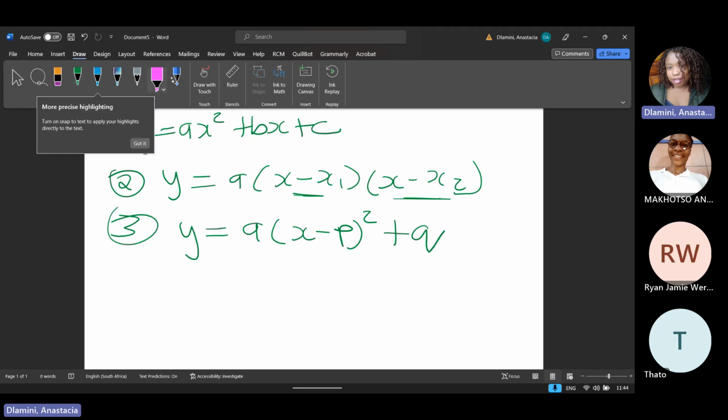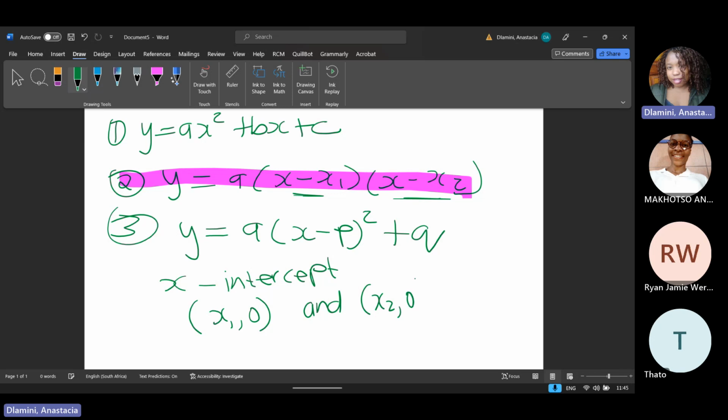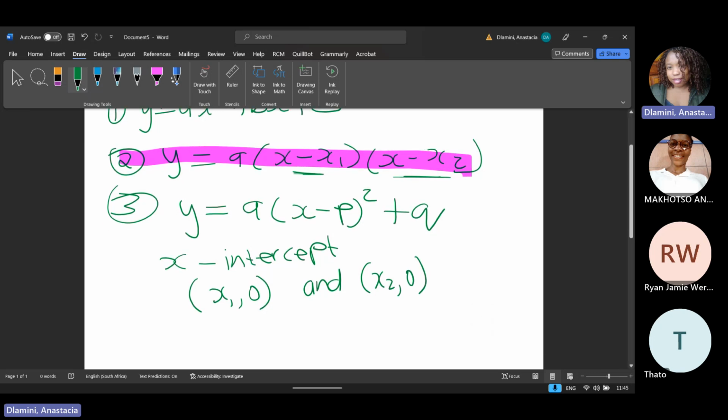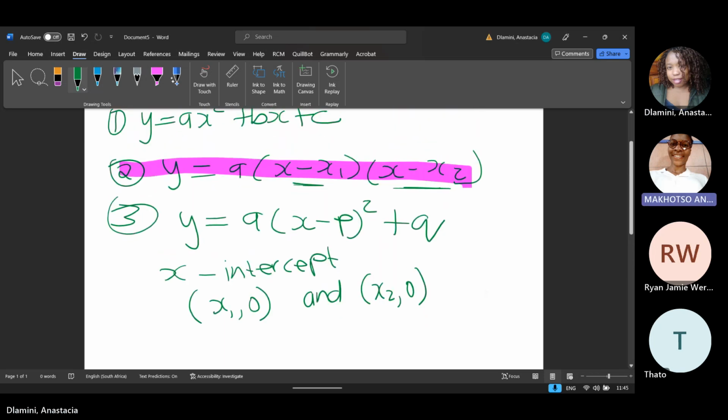So now, if I give you an equation like this one here, the advantage of this equation is that you can find the x-intercepts of the graph easily, meaning that the x-intercepts are just (x1, 0) and (x2, 0). These are the points where the quadratic graph, or the parabola, will intersect. Are we all together? Any question? No, ma'am. Thank you. Okay.